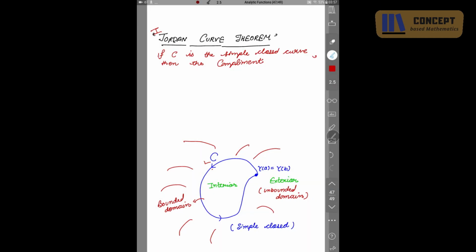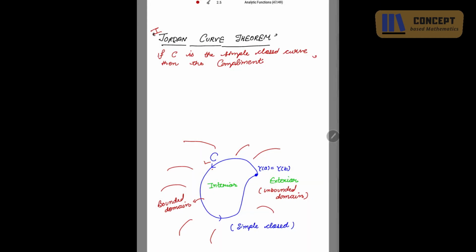So if C is a simple closed curve, then the complement of C consists of two disjoint domains. Two disjoint domains, that is, one is bounded and the other is unbounded. A bounded domain is called the interior one.